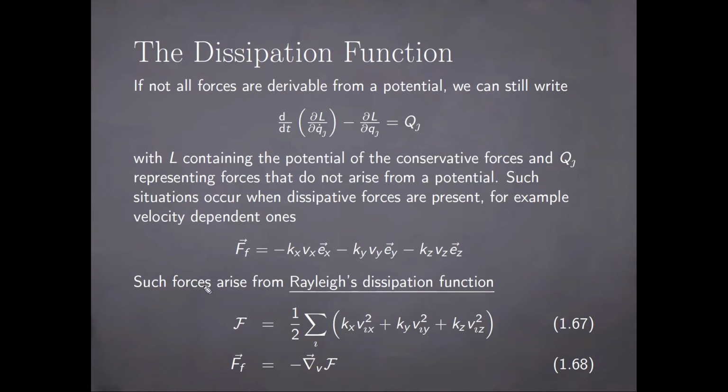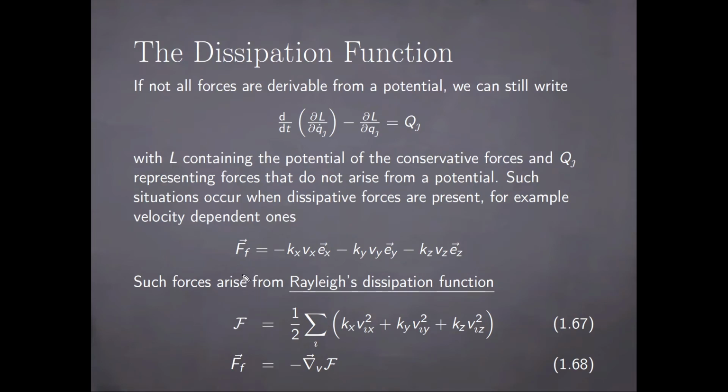And such a force arises from what is known as Rayleigh's dissipation function, which is this calligraphic F equal to 1 over 2 times the sum over i, where the index i now assumes that I have a many particle system, so I'm summing over particles, and in each case I'm summing over the squared component of the velocity of each particle, and I multiply with the dissipation constant.